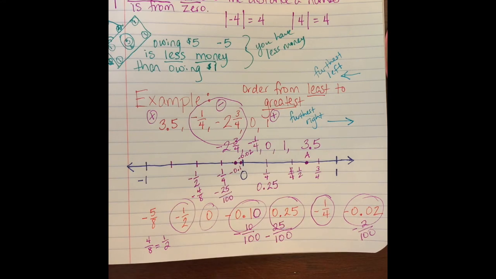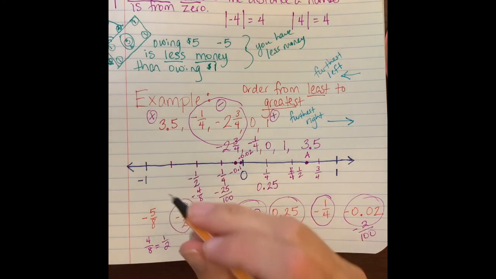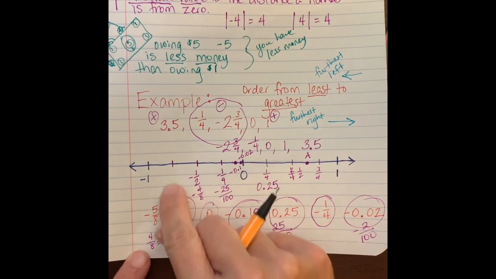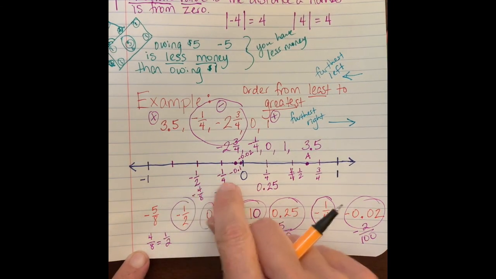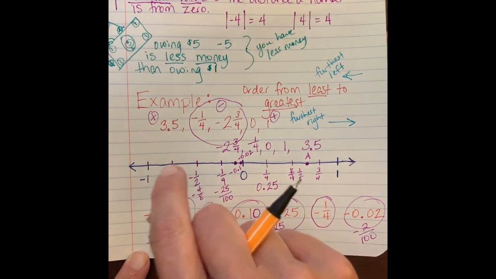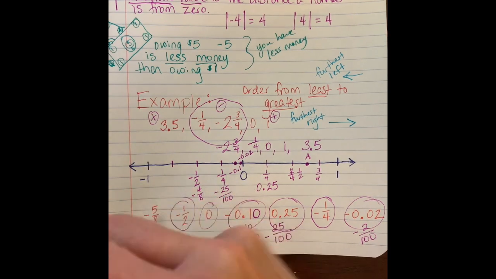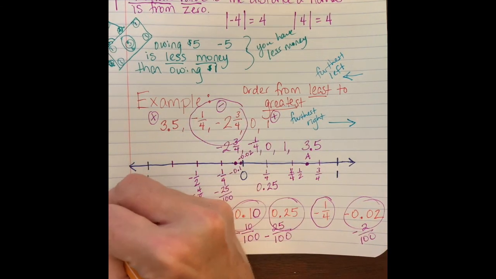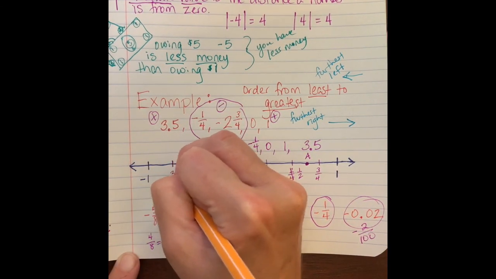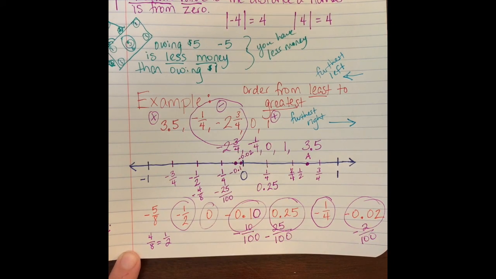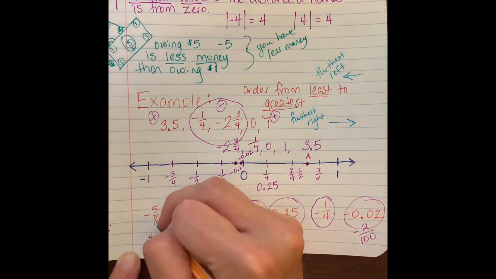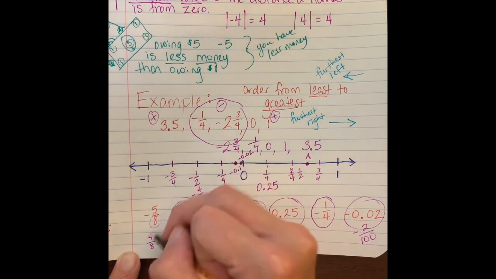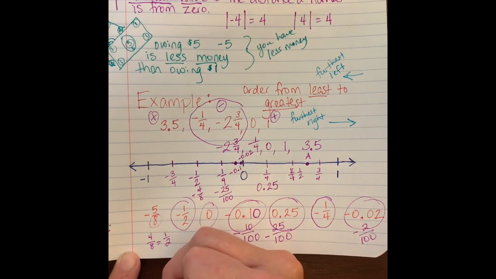It's actually a smaller number. The next thing I'm going to think about is what would be right there: negative 1/4, negative 1/2, negative 3/4. Well, wait a minute, 8 and 4, those are multiples, right?